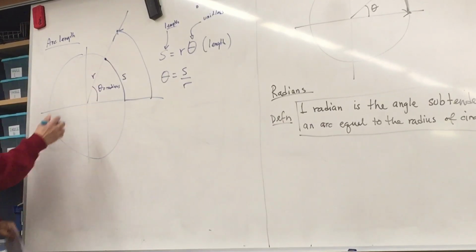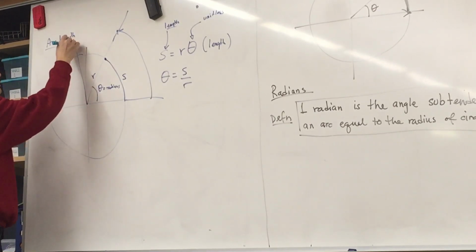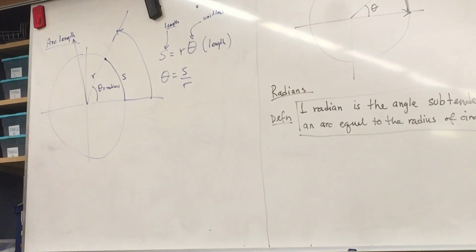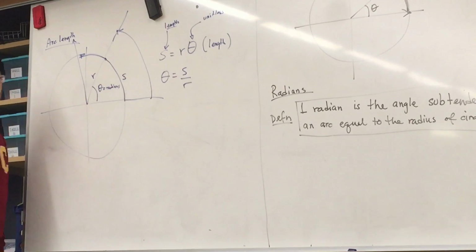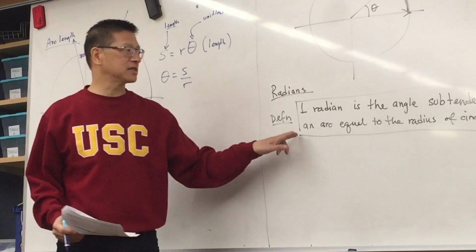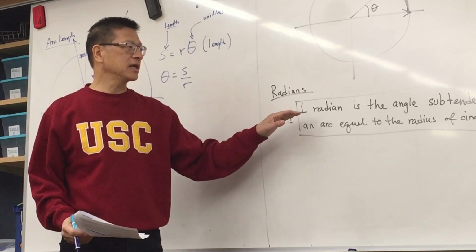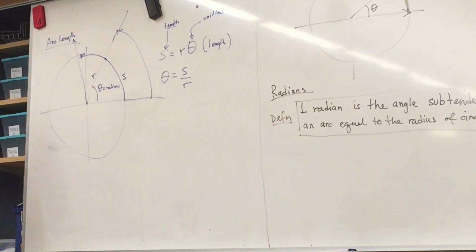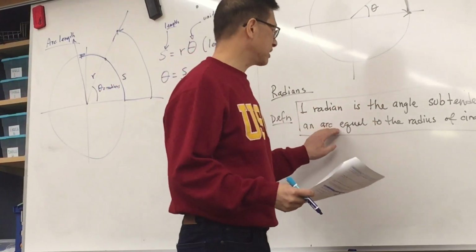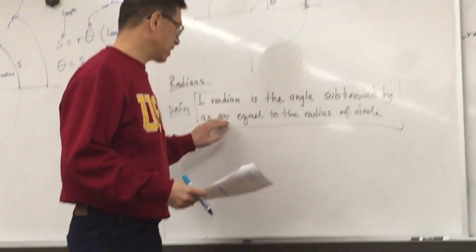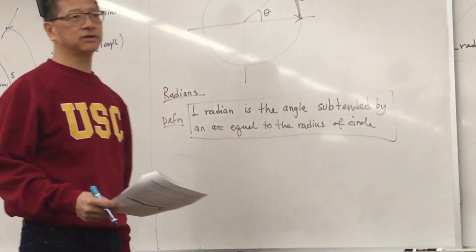If you have, say, 1.5 radians, so somewhere out here, okay? The arc length then is going to be 1.5 times the radius. And it's that simple, and that's why we use radians. It all falls out because of this definition. 1 radian is the angle subtended by an arc length equal to the radius of the circle.